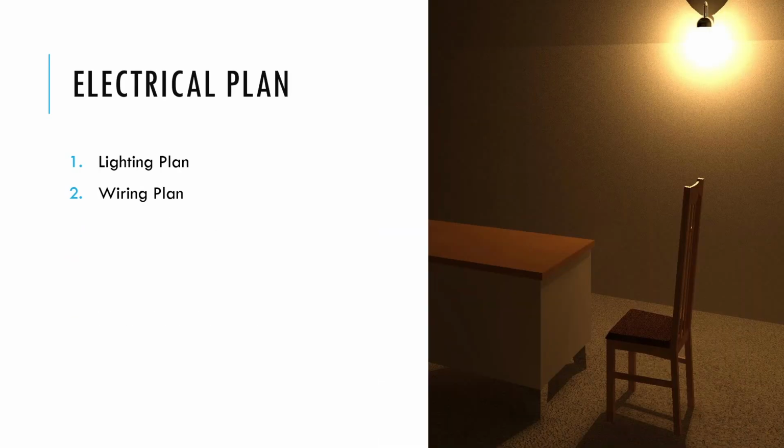Okay, so if it is a small house, then they might be working on the lighting plan and the wiring plan. But if it's an apartment, then they will have kitchen exhaust and a lot of things.